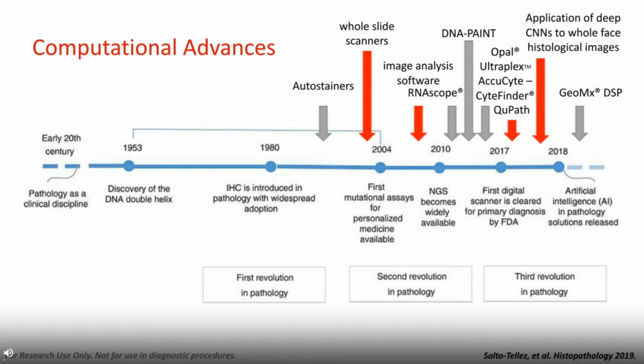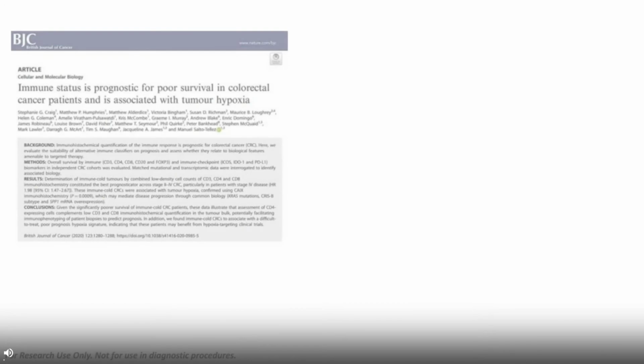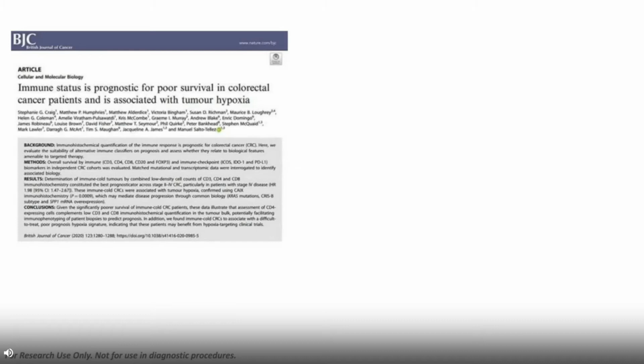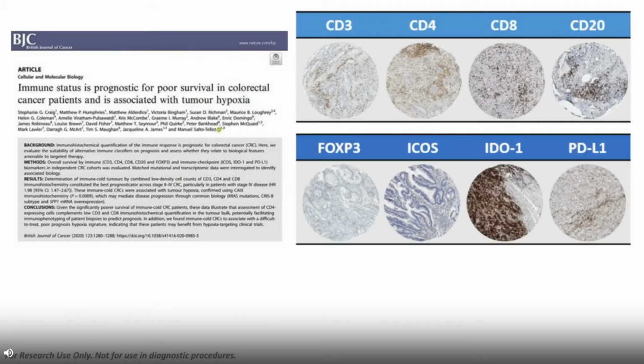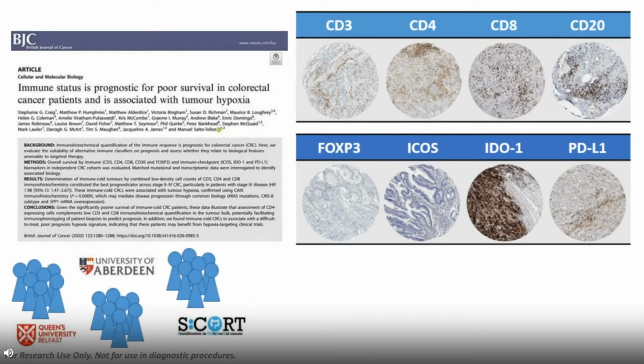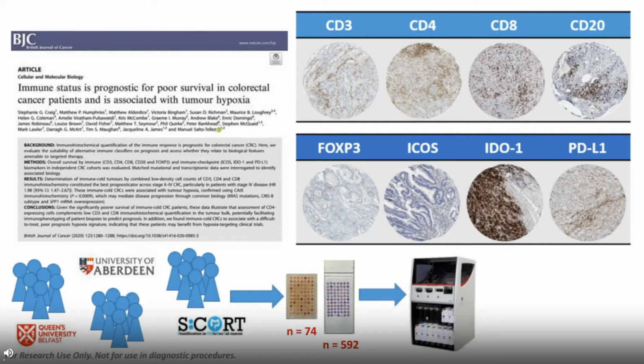For example, in this colon cancer cohort, we wanted to look at how immune status is prognostic. What sort of measures of immune status are important to consider? Using 8 different biomarkers across a cohort of around 1,800 patients from 3 different sites in the UK, we were able to generate tissue microarrays and take slides for staining, and using a Leica Bond RX, stain each one of these slides for 8 different biomarkers very robustly.